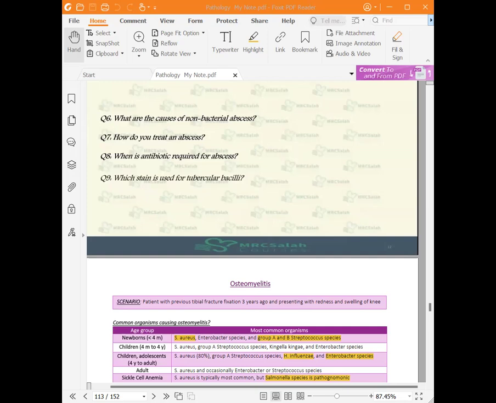When is antibiotic required for abscess? If there is extensive infection or cellulitis, patient has sepsis after drainage, immune compromised, and if cavity is not left open to drain the pus. Very good.